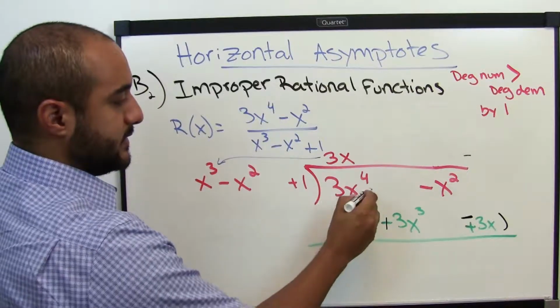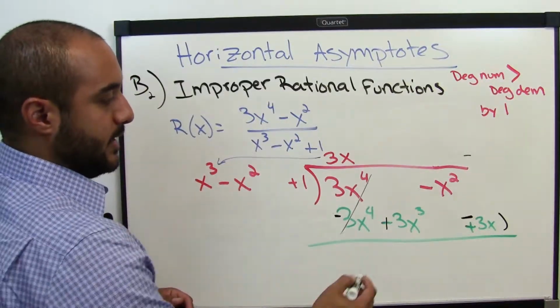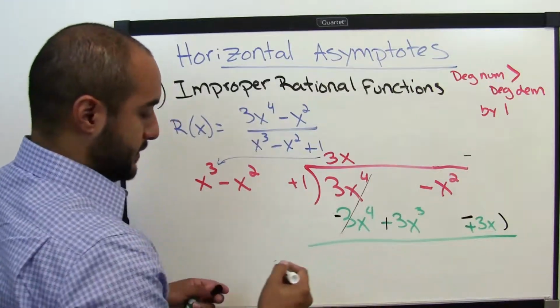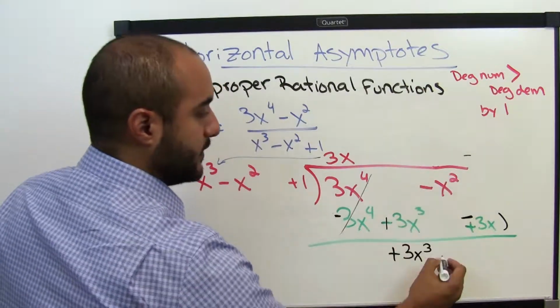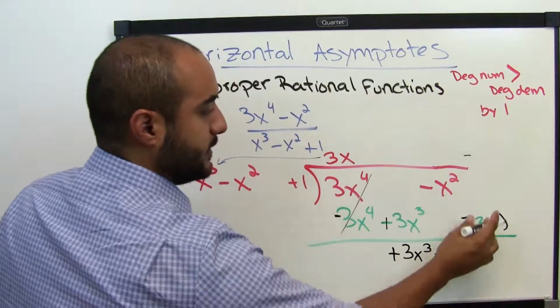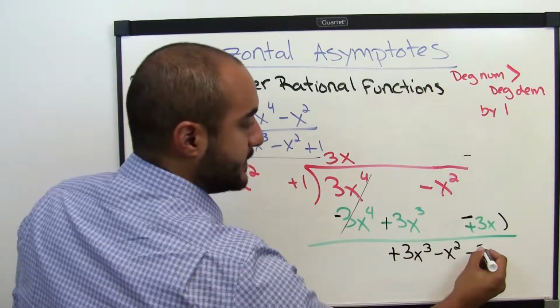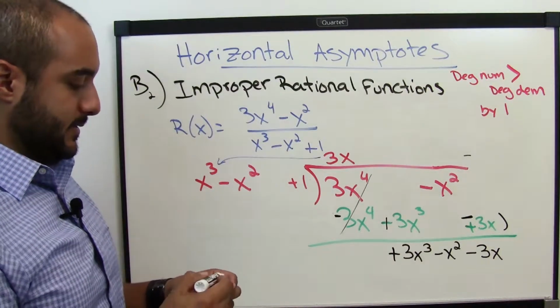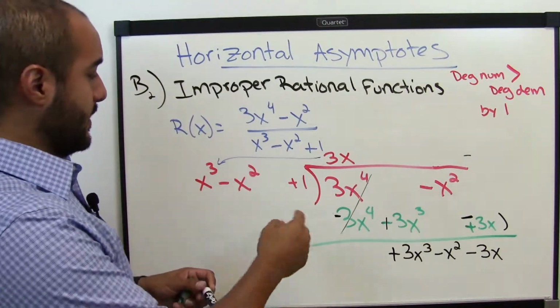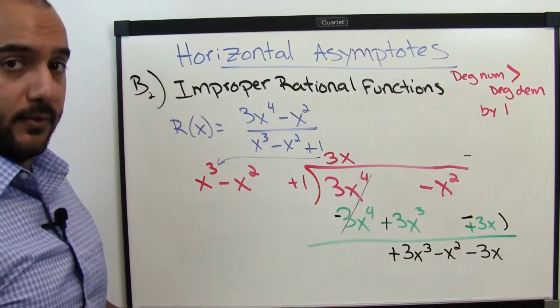So here, this is canceled out. Here, there's nothing to do, so I'll just bring it down. Plus 3x to the third, nothing to do, minus x squared, nothing to do, minus 3x. Whew, okay. So I can keep going though.